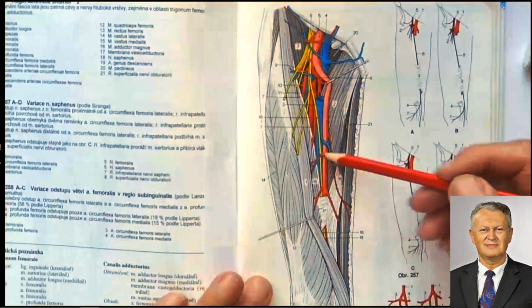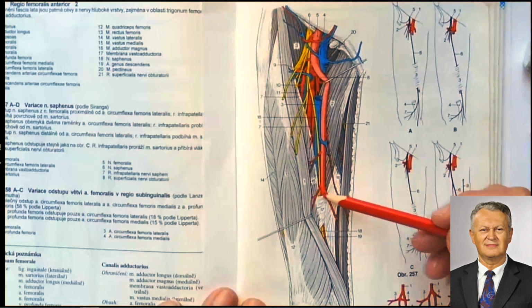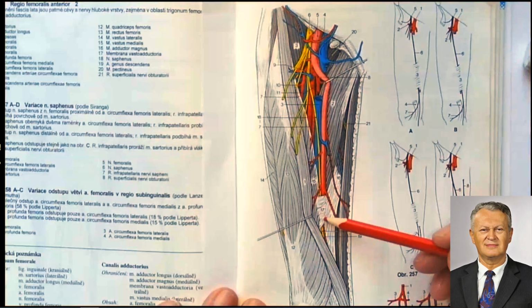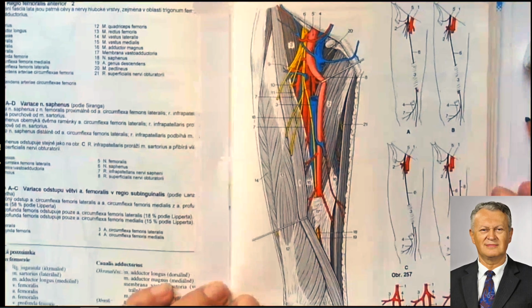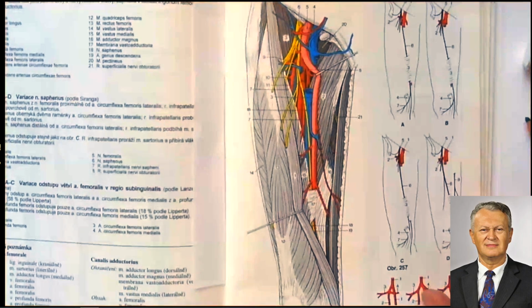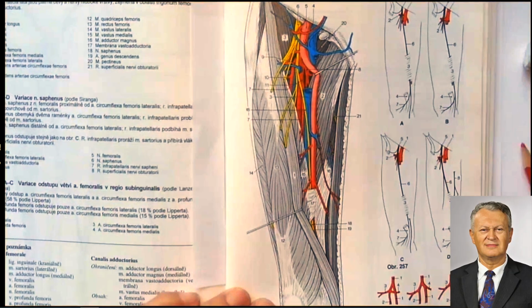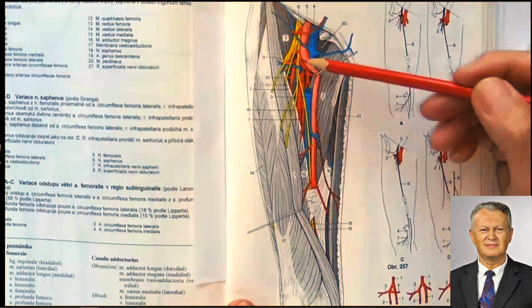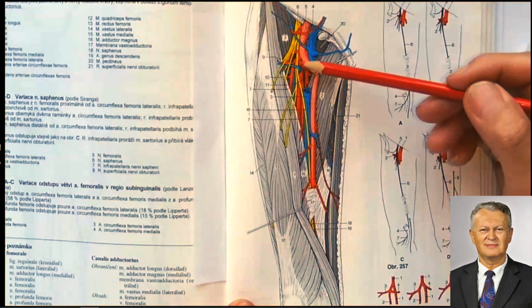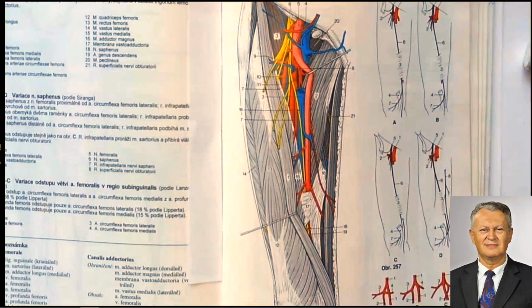You see, this is the trigone, and from the trigone the artery and vein plus the saphenous nerve descend behind the lamina vastoadductoria, and then they appear on the posterior surface of the fossa poplita. Then you see many variants of the course of the artery. Of course, the deep vessels are the branches of the femoral artery. This is the arteria profunda femoris.